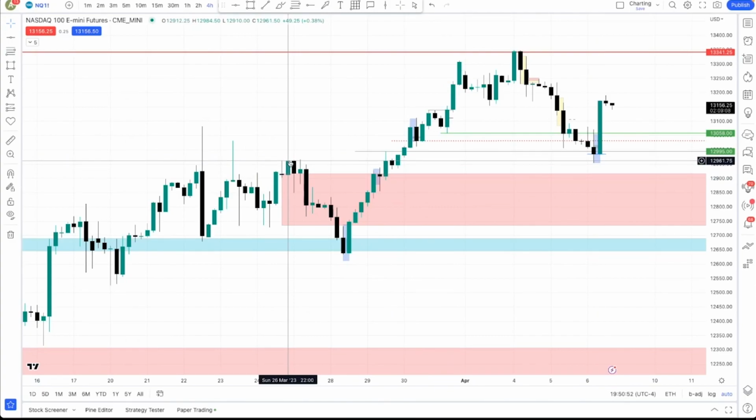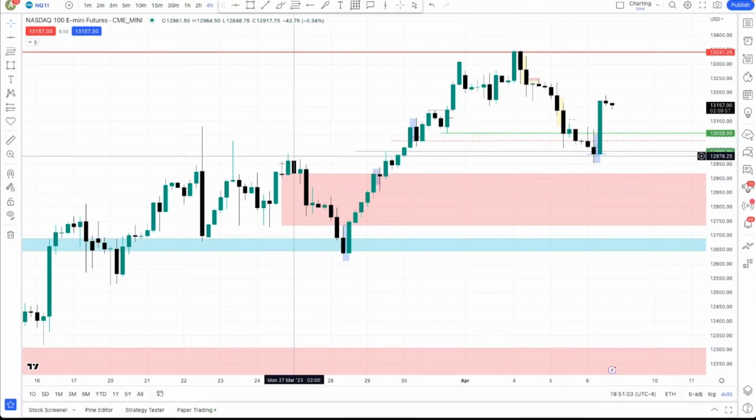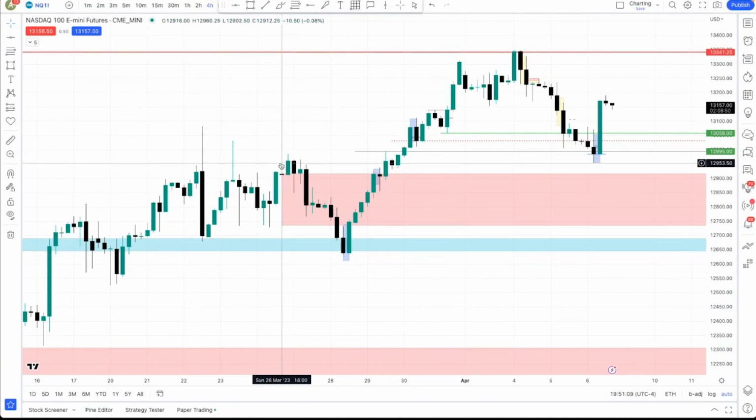A breaker entry. No. Order block entry. This could be, we have a swing high, a swing low. This takes out that swing high, then takes out swing lows, and then runs up. So this could be a bullish breaker. I mean, that meets the definition of a breaker.